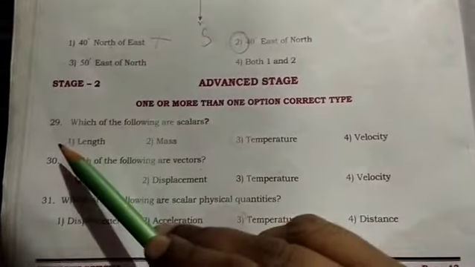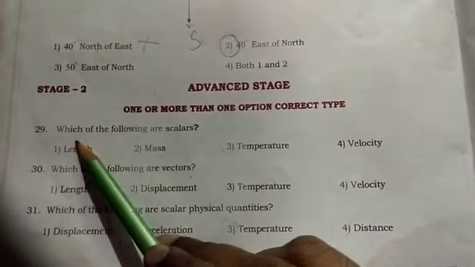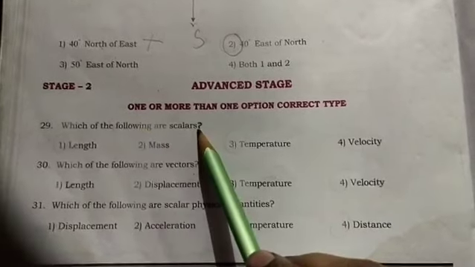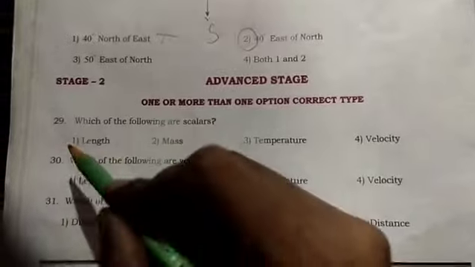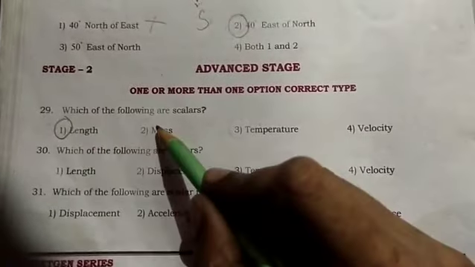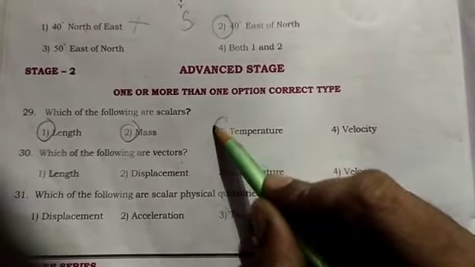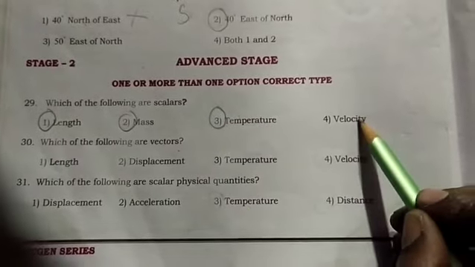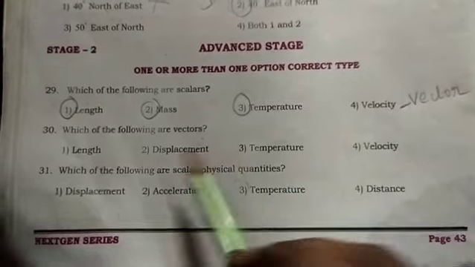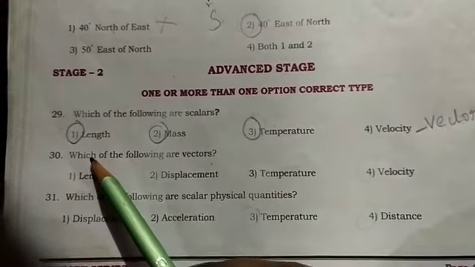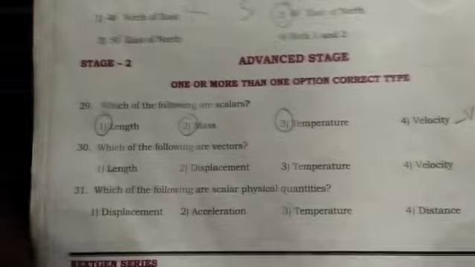Okay. Now 29th sum. Which of the following are scalars? We all know the fundamental quantities will come, right? So length, mass and temperature. What about velocity? It comes under vector quantity. 30th one. Which of the following are vectors?